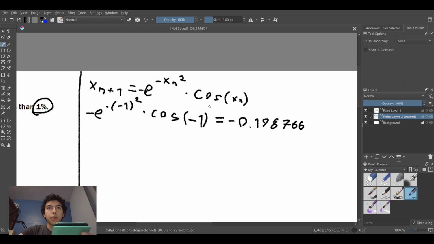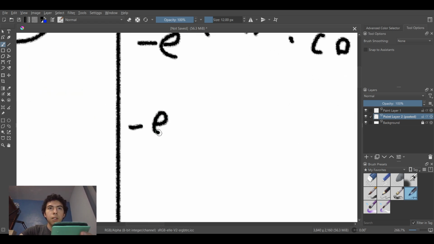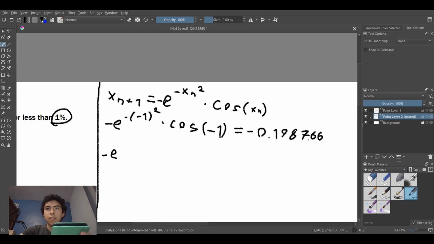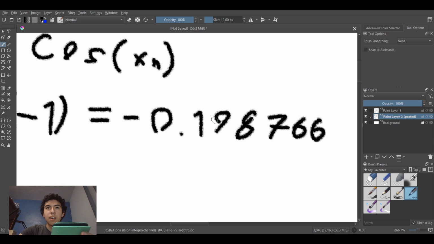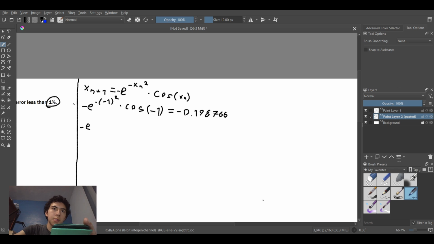Now we're going to do this again, but with this value. I'm simplifying it for the sake of the exercise being easy to write down, but my calculator does it with the whole value, so it's fine.